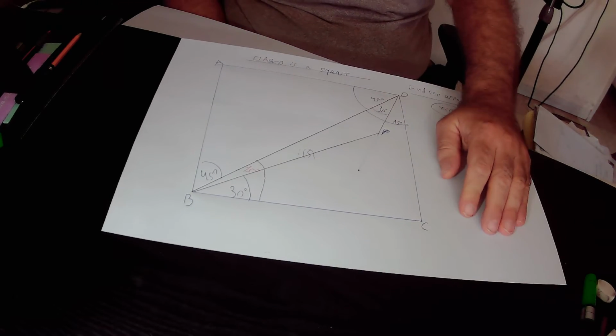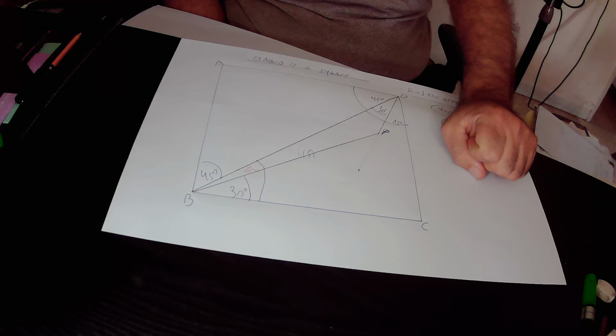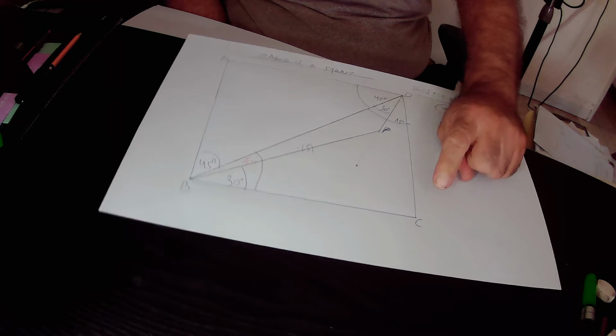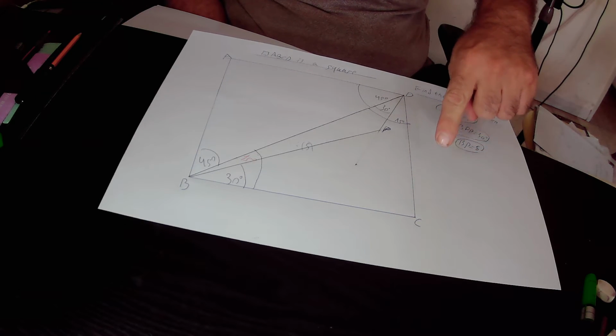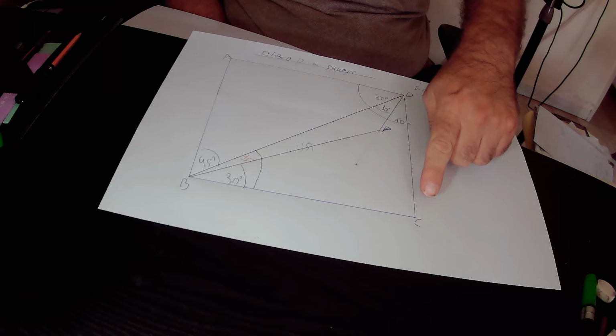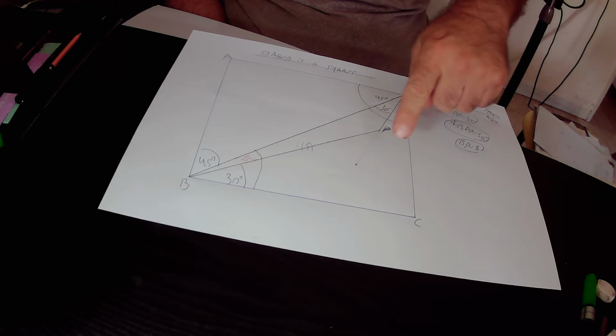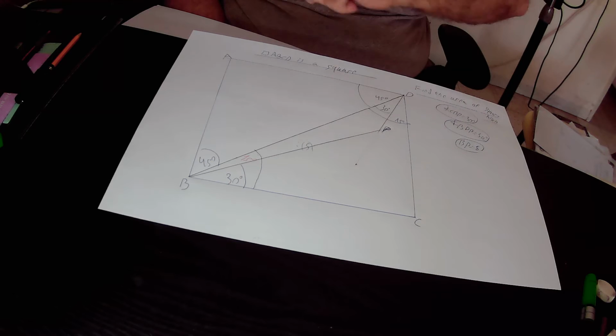So in the next step we will do a construction. From point C, we will draw the angle bisector of angle DCB.